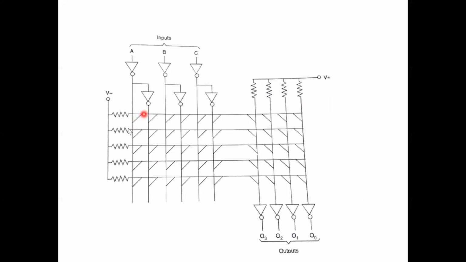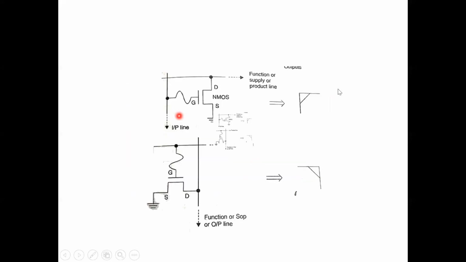The slant line represents the switch. What is the switch? It is nothing but this NMOS transistor. As we said, if we give the gate input, the transistor is connected. If you make this one, this line will be pulled to ground. If not, this line is at VDD or at high input.